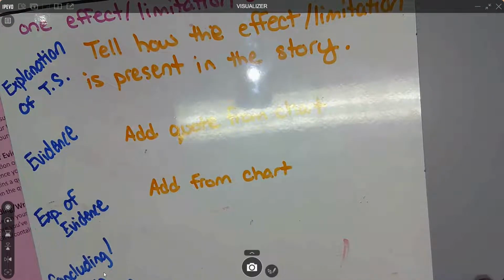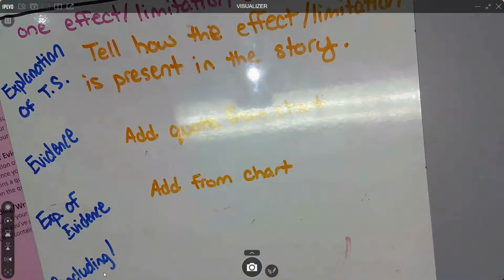And for that, you could say that the author's choice of point of view affects the reader's understanding of the story, and tell the specific effect or limitation. And because you stated it in that order in the topic sentence, you probably want to flip it around.